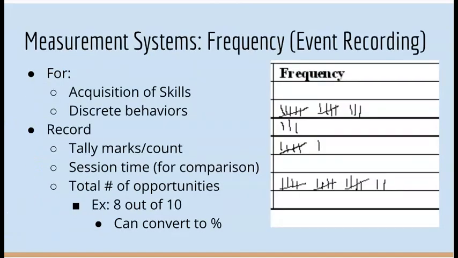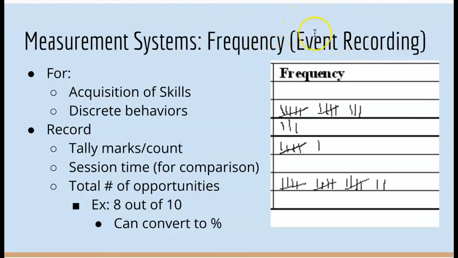All right, so it doesn't matter what you're measuring. If you are measuring the acquisition of a skill, number of sight words said correctly, number of spelling words written correctly, number of words per minute read, number of math problems completed correctly, you can use what we call frequency or event recording.